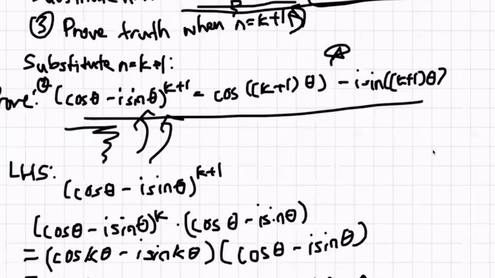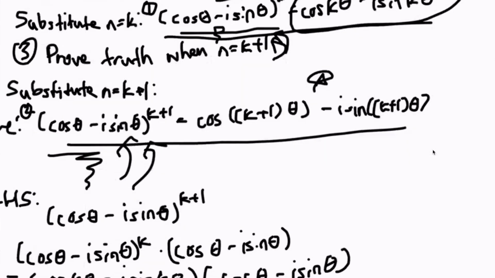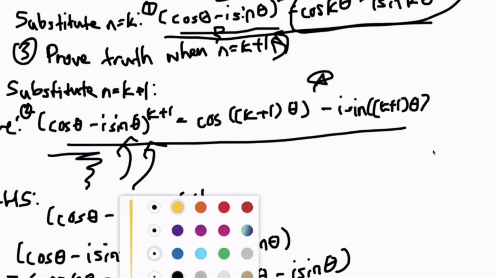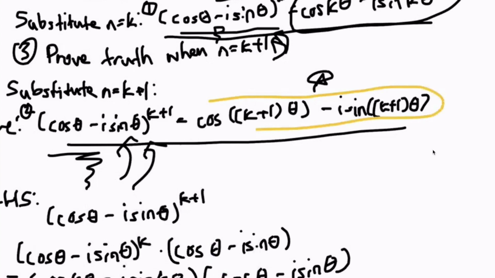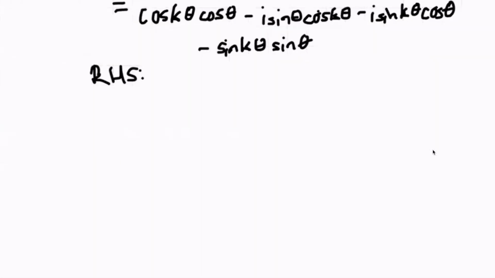All right, so what's the right-hand side of our equation? Well, I'll use a different color. Why not? That's just simply this guy over here. So let's see if we can simplify cosine k plus 1 theta minus i sine k plus 1 theta. I'll use red.